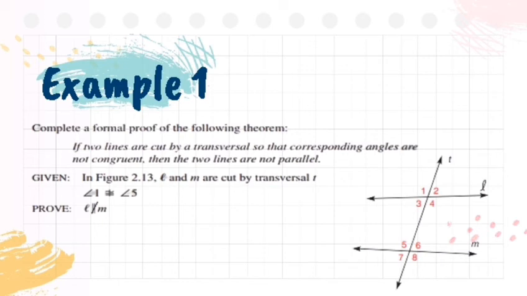Given the figure, line L and line M are cut by transversal T. Angle 1 is not congruent to angle 5. We have to prove that line L is not parallel to line M.